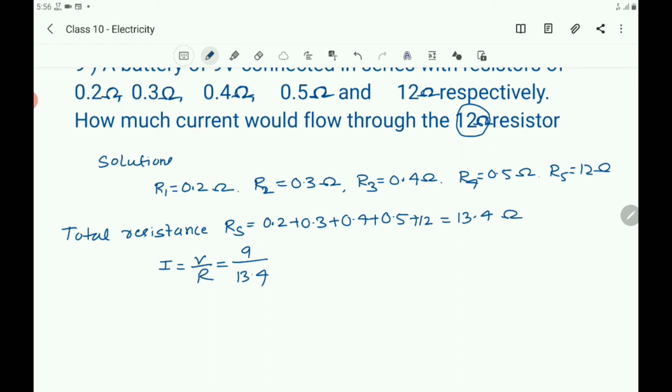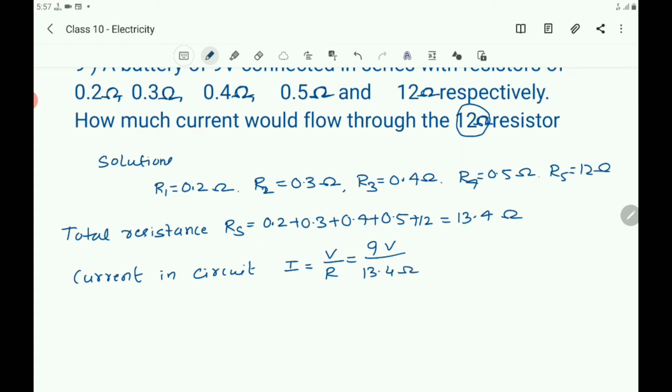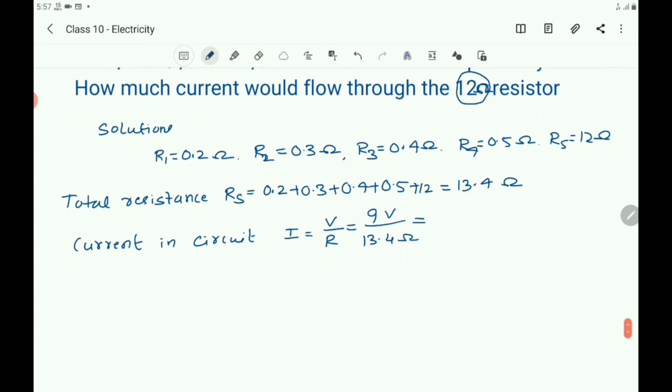So write current in the circuit, because it is the total current in the circuit, I equals V by R equals 9 volt by 13.4 ohm.